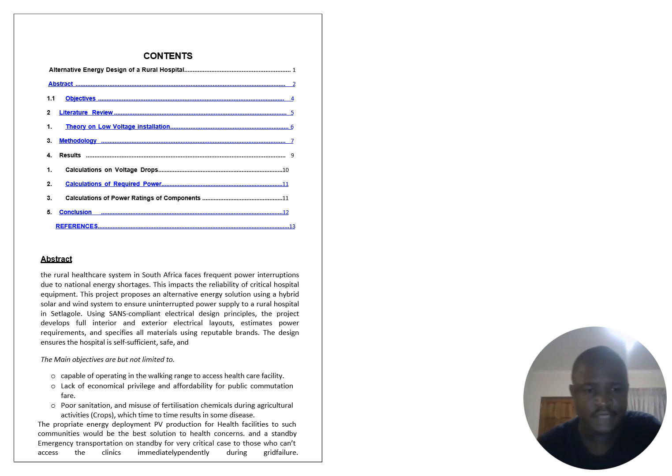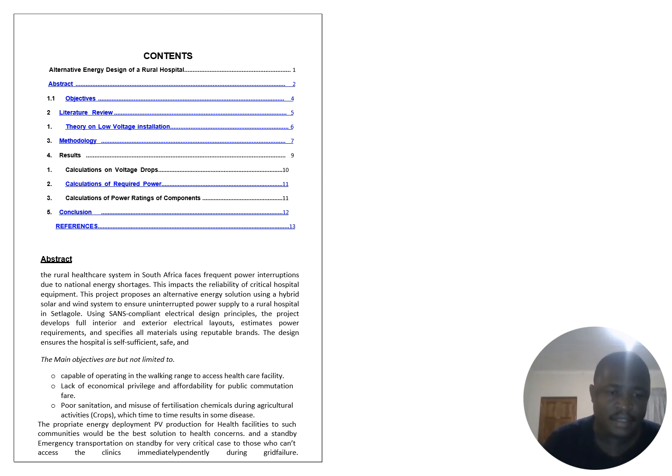The main objectives are not limited to being capable of operating in a working range to access healthcare facility. Lack of economic privilege and affordability for public commutation fare. Poor sanitation, misuse of fertilizers and chemicals during agricultural activities and crops, which from time to time result in some diseases.